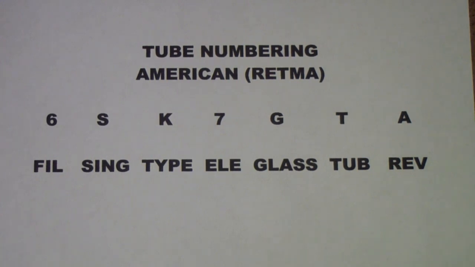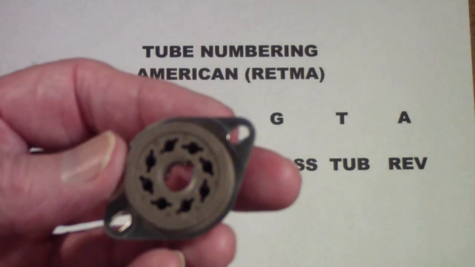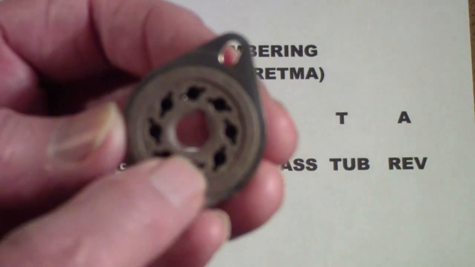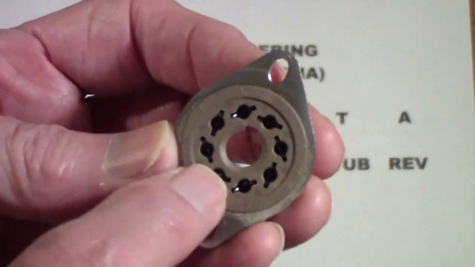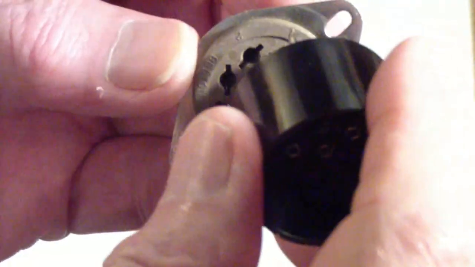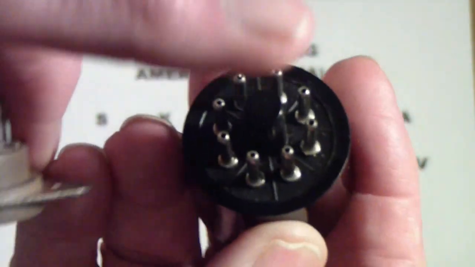By this time, most of the tubes that were being used were 8-pin tubes, and the sockets looked like this. Notice that there are 8 places for pins. By the way, here is an octal socket. This is an empty one. But you notice that there's a keyway here and a key on the bottom.